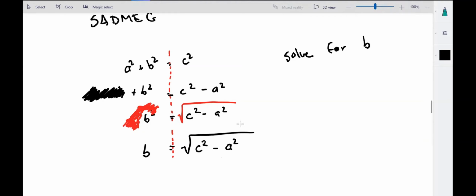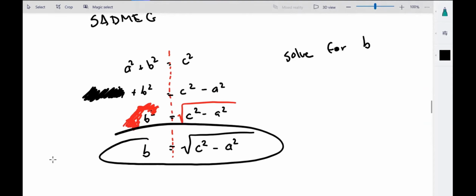We're not going to talk too much about that here. If you'd like a video on why that is, let me know. I can either find one or make one. I'm sure there's one out there. But the point is, because of that subtraction, we cannot cancel those squares the same way we did for the b. But it doesn't matter because the b has been solved for.